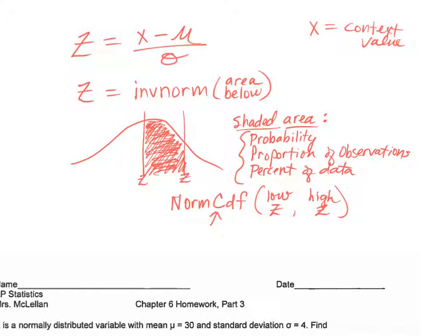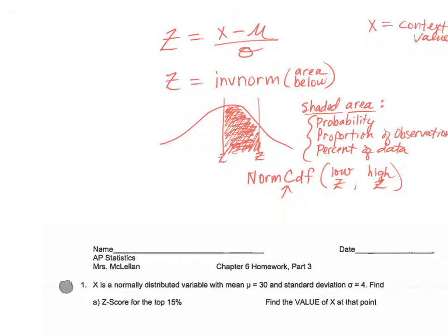So when would one of your z-scores be going out to negative infinity? When would we do a norm CDF? What might the question be asking us for? If you have an area below. So if I have a z-score, say this is 70 miles per hour, and I say what proportion of cars go 70 miles per hour or less, then that's basically going out to negative infinity.